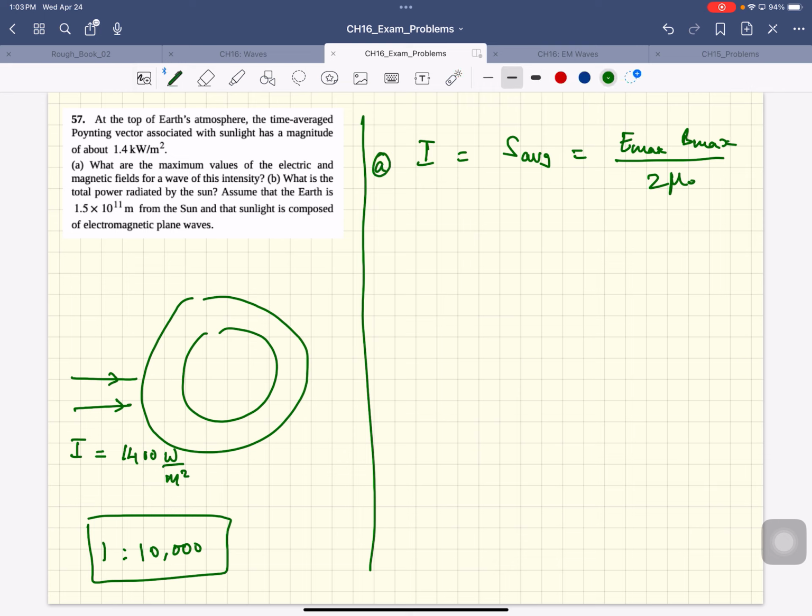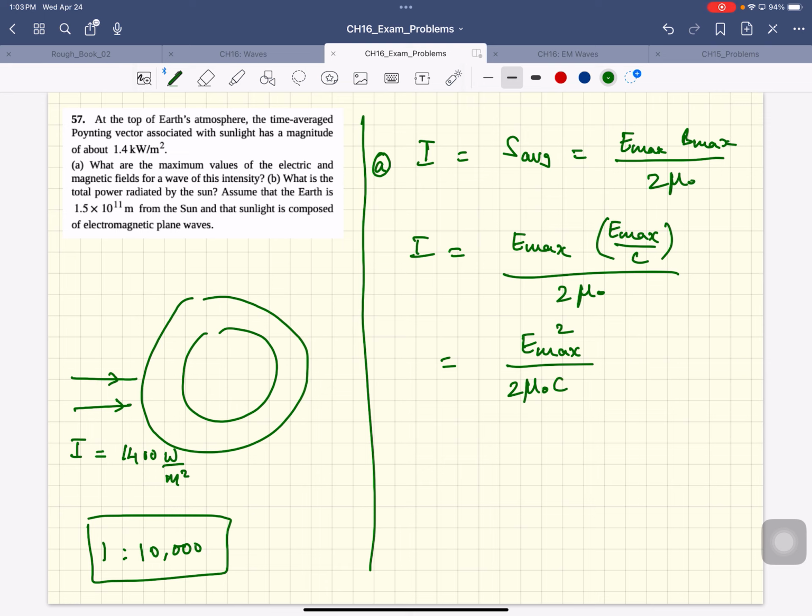So we will find E max, and what is B max? B max is E max over c. Okay.